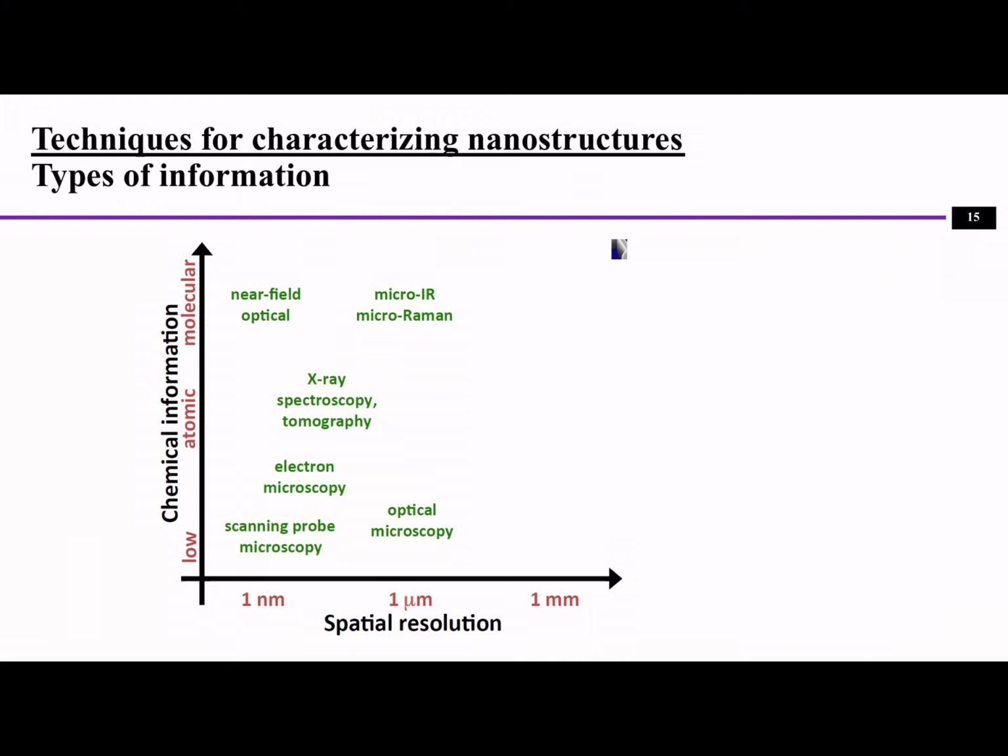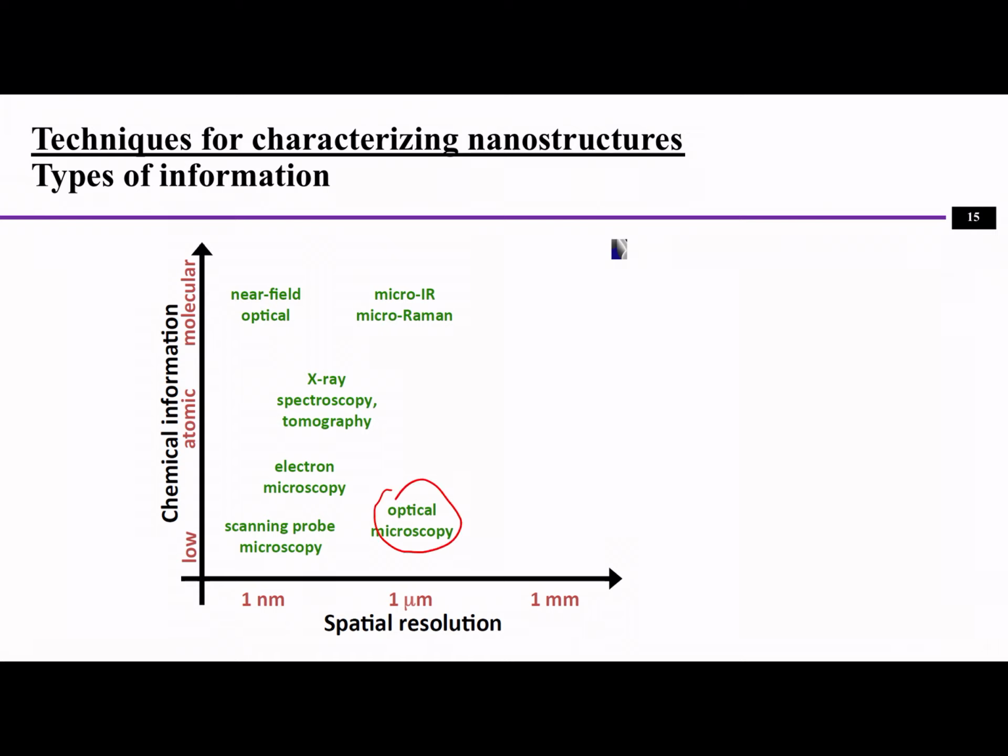And so in order to make those structures, one thing we need to do is we need to see it, right? Because they're at a very small scale, and our traditional optical microscope has limitations.